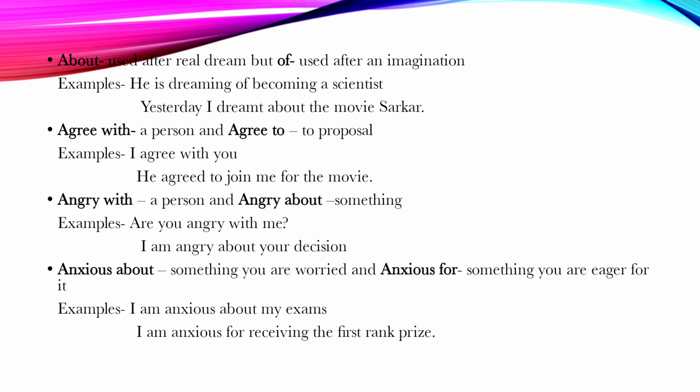Here the preposition with is used since it's a person. And the next example, he agreed to join me for the movie. Here the main thing is joining for the movie, and it is a proposal. It is a concept. So agree to. So these are agree with and agree to.